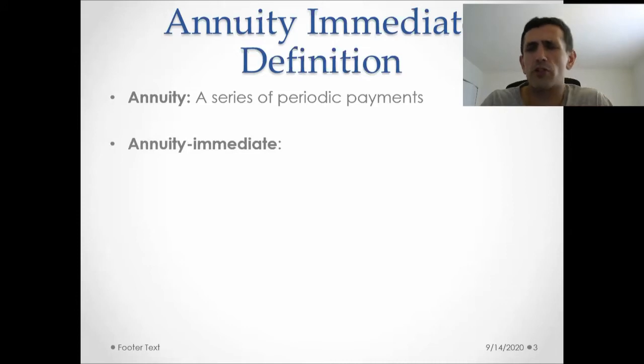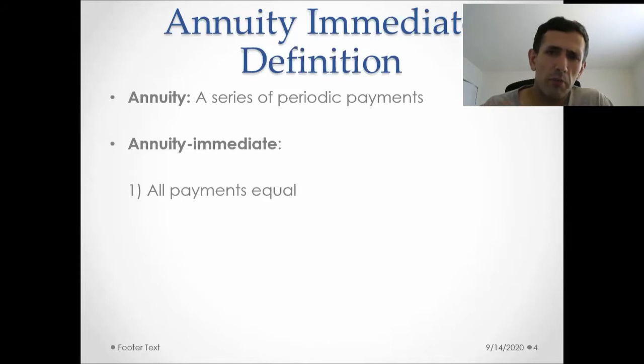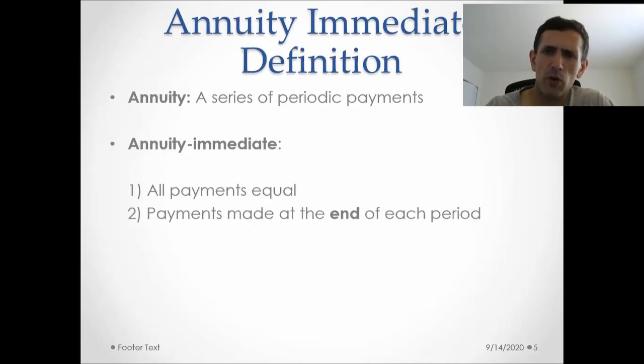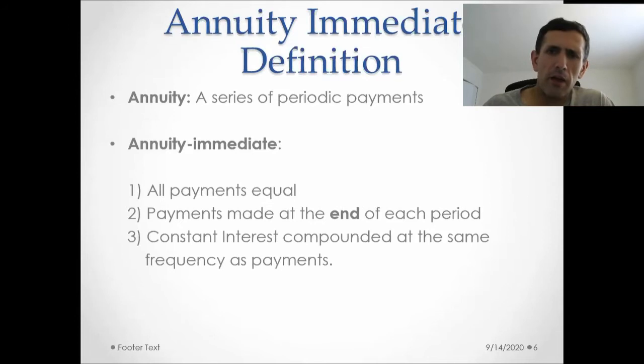So in general, there's two types of annuities. The first one that we'll talk about in this video is an annuity immediate. In this situation, all payments are equal. Payments are made at the end of each period. And payments are based on a constant interest rate compounded at the same frequency that payments are made.